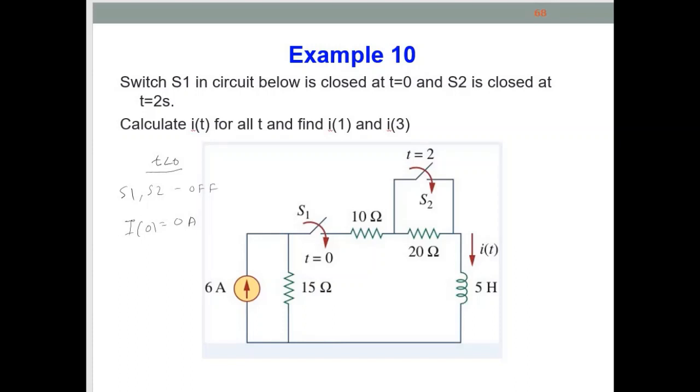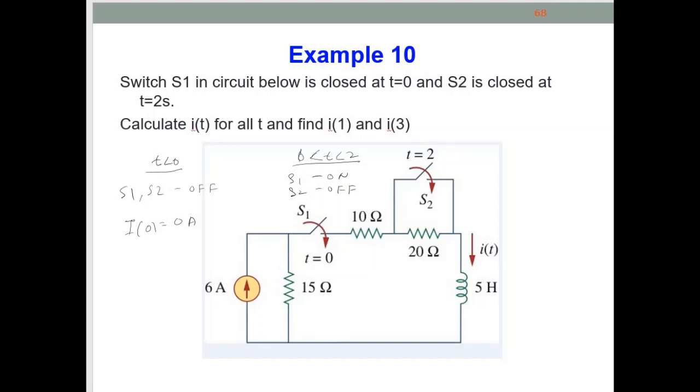This 0 ampere is the initially uncharged condition for the inductor, because the initial current for the inductor is 0 ampere. Next, analyze the circuit when 0 less than t, t less than 2, which refers to the condition of S1 is on when t switches on, S2 is still switched off.